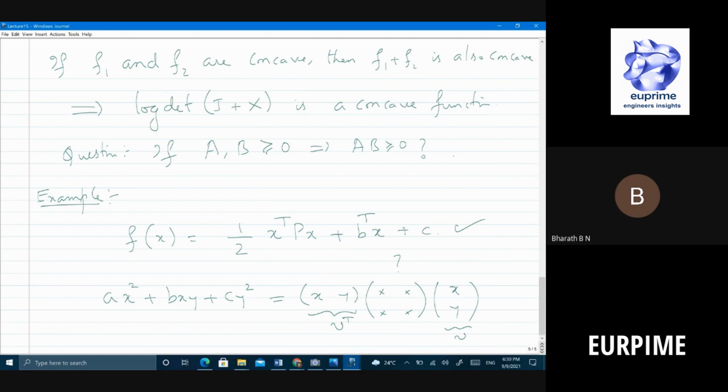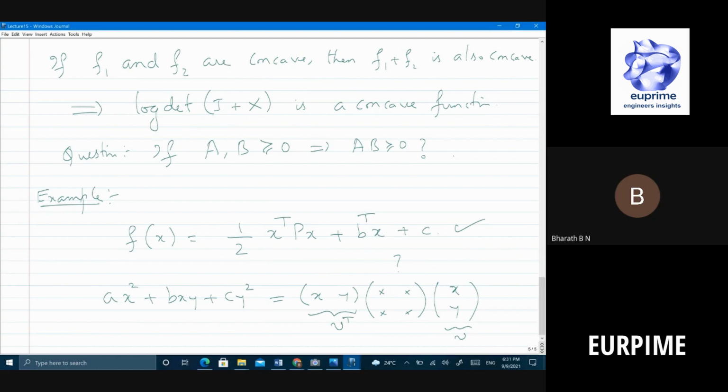You have to take the second derivative, in this case the Hessian. What is the first derivative of x transpose Px? Matrix or vector derivatives you may not know, so let's use intuition, or you can just download the matrix cookbook, the derivative cookbook, a couple of pages of results which you can use. So what is the derivative of, let's say, Px squared?